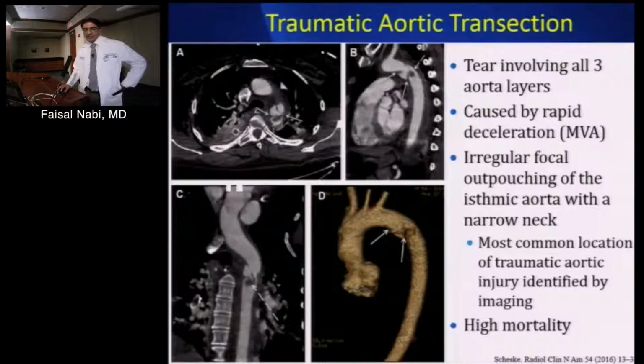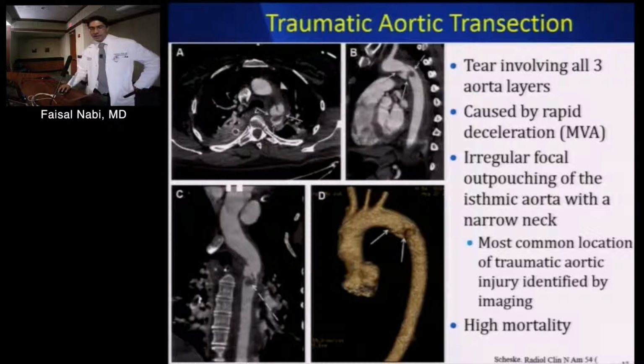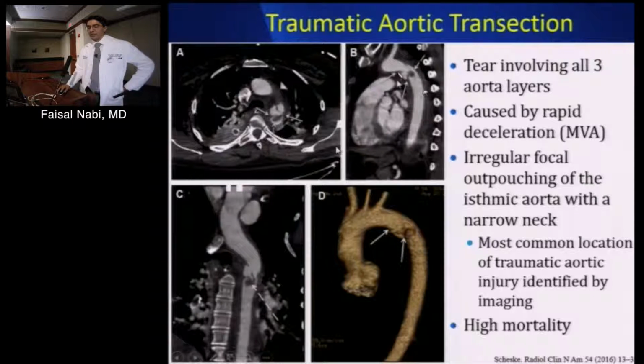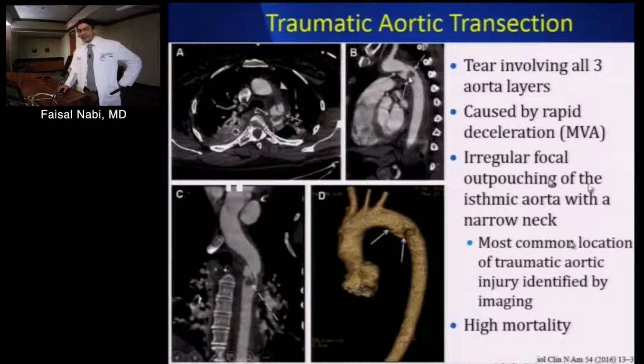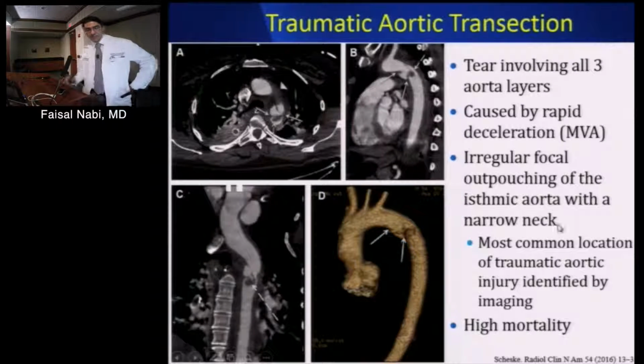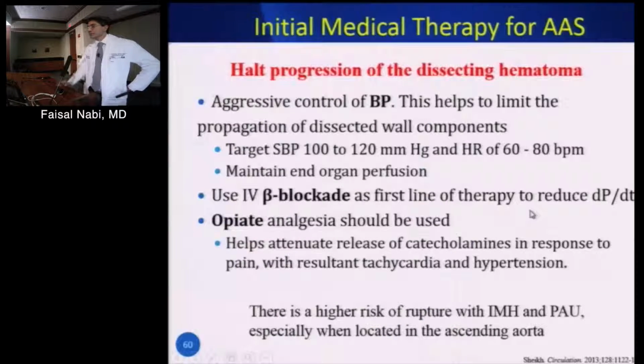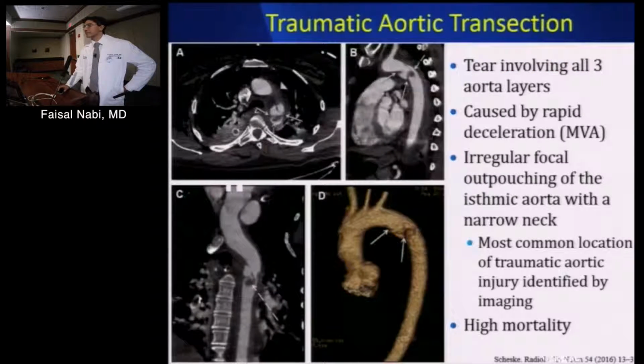And what you'll classically see in this location, and what you're seeing here, is complete transection of the aorta, with intraluminal thrombus forming. And obviously, if this is not taken care of, this can be a very lethal disease. Basically, whatever fibrous tissue is left is holding the aortic pressure inside.